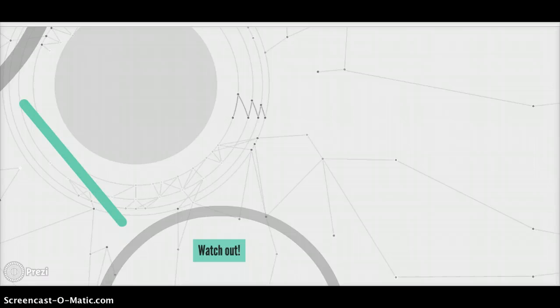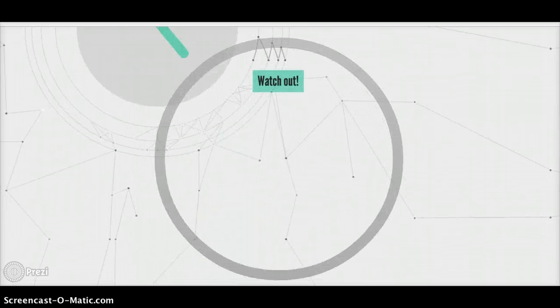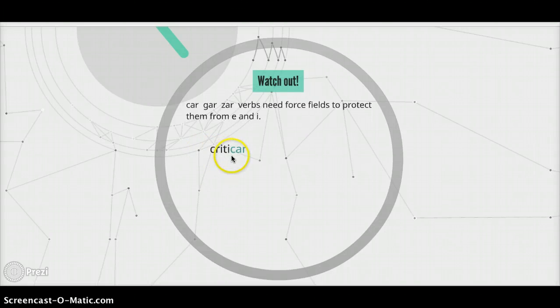All right. Now the other thing that you have to watch out for at this point is sar verbs. As usual, they need force fields to protect them from E, or I. So let's look at criticar. If we do yo up, we end up with an E at the end. So we have to protect that k sound from criticar by putting the force field, QU.